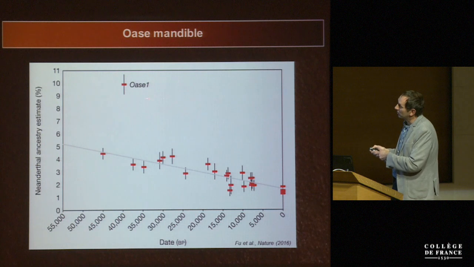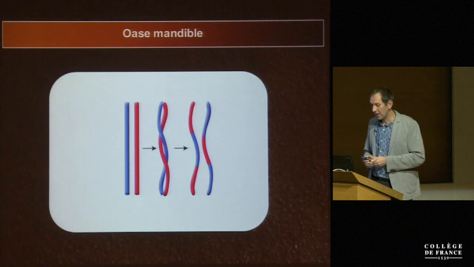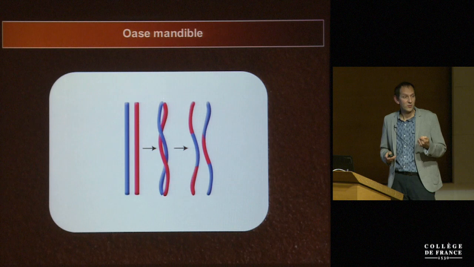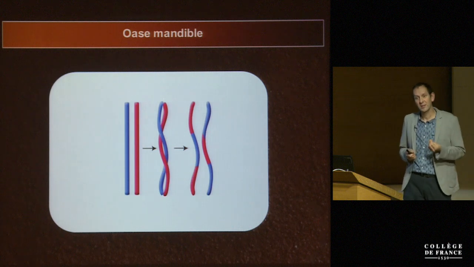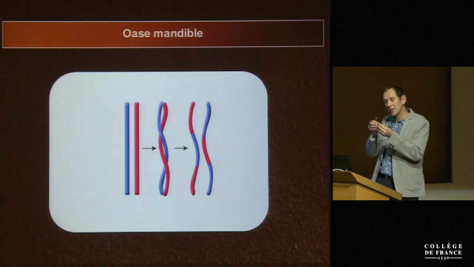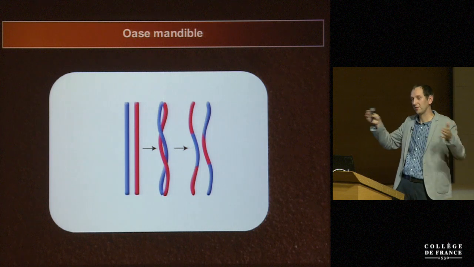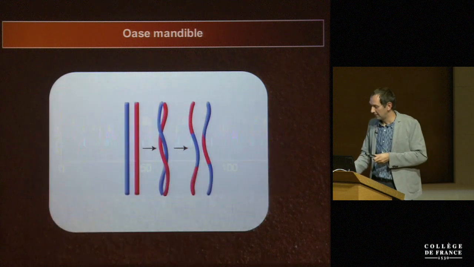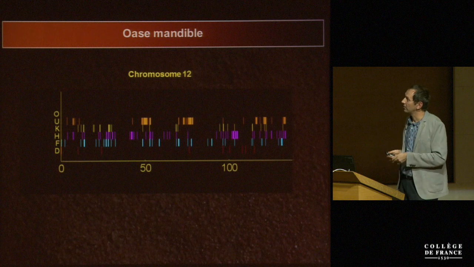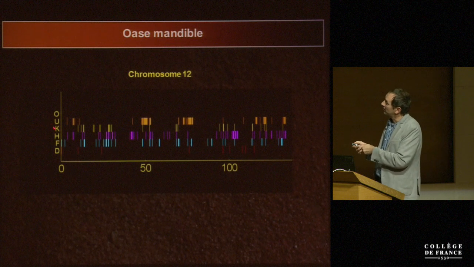The specimen from Oase. And you can do the same thing again now: you not only determine the percentage of Neanderthal ancestry in this individual, but you look at how big the blocks of Neanderthal ancestry are. First, in comparison to other humans, these are a series of modern humans, the lower four.